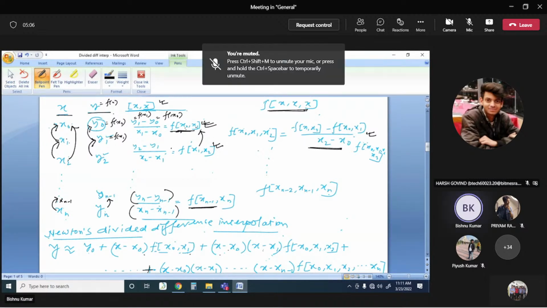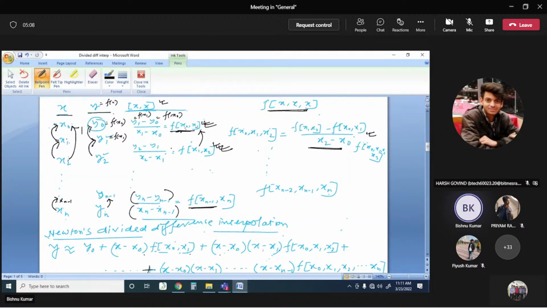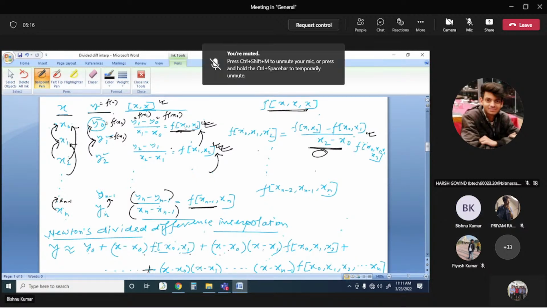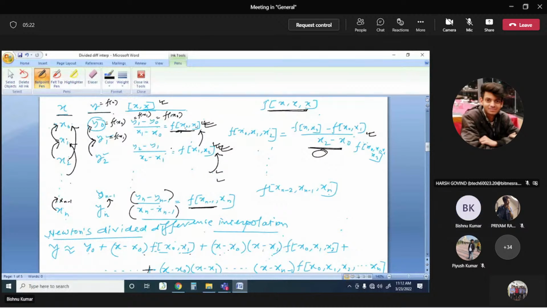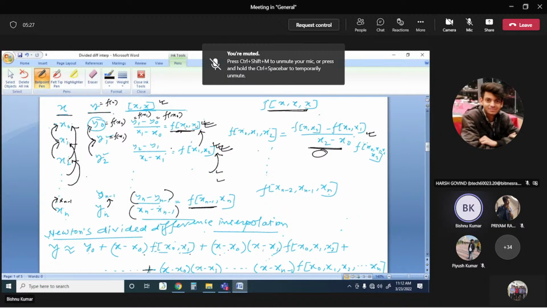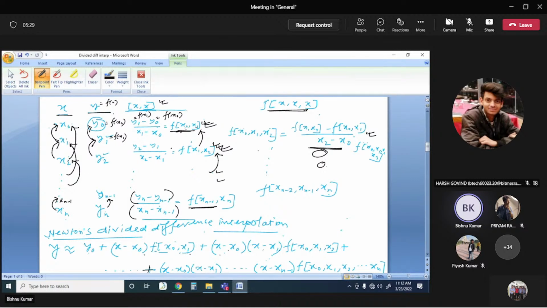Again subtract this value from the next value here and divide by x3 minus x1. You will get a value in this position. In that way, again subtract this position value from here, again subtract this from here, you will get this position. In that way, you have to complete the second difference column. And here also you have to complete.